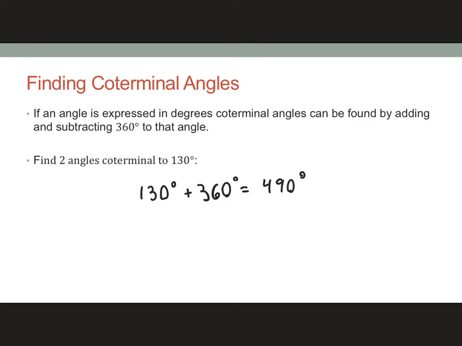Let's find a negative one. Let's take 130 degrees and subtract 360 degrees from it. So this will give us our clockwise rotation angle, and that is negative 230 degrees. So 130 degrees, 490 degrees, and negative 230 degrees are all coterminal angles.